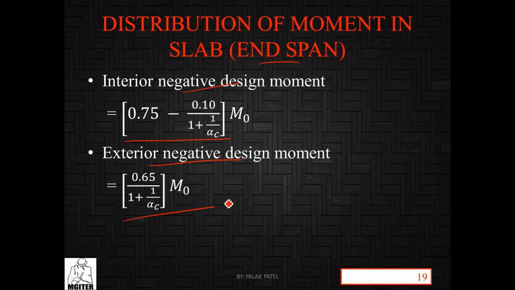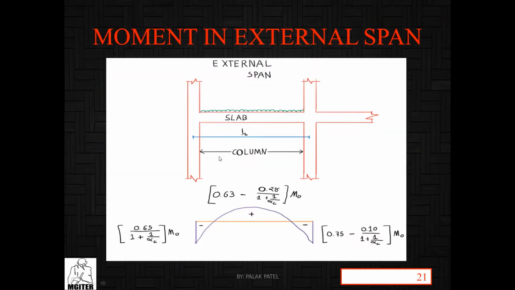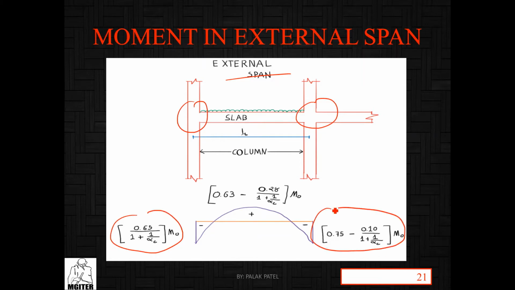Now what is interior and what is exterior? You can see this is the external span, meaning the end span. Here is the interior and here is the exterior. You can see interior positive, exterior negative, right?